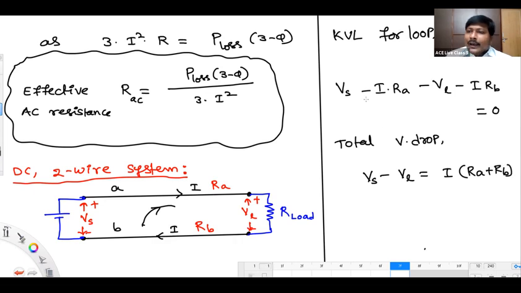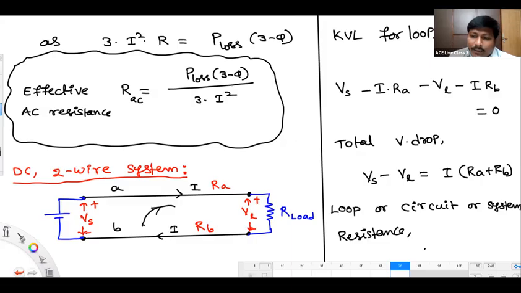If you take I into Ra to the other side, I into Rb to the other side, you get I into (Ra plus Rb). And whatever that Ra plus Rb we have now, that we are going to name as loop resistance or circuit resistance of the system. Okay, so I can say loop resistance, loop or circuit or system, any name you can say, system resistance.